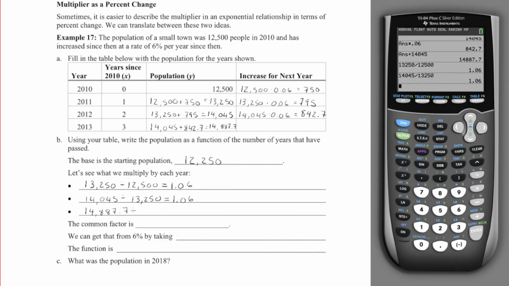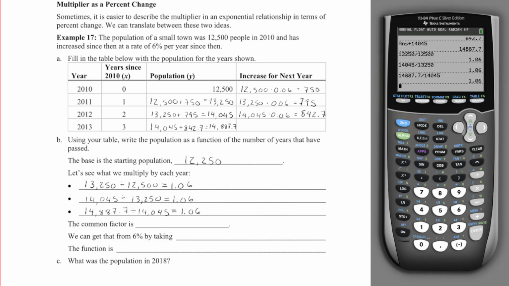14,887.7 divided by 14,045 is 1.06 again. That's the reason I didn't round that 0.7, by the way.